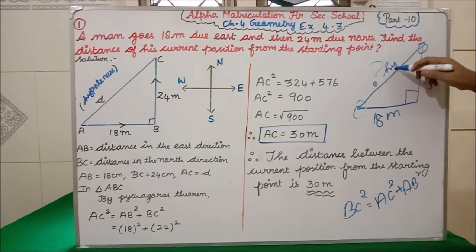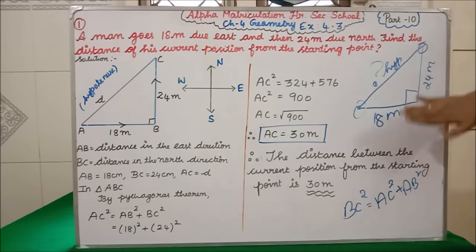We all know this is what? Hypotenuse. Hypotenuse side is the longest side when compared to the remaining two sides. Which is the longest side? Hypotenuse side is the longest side. Clear? Clear, students? Suppose you are already having in the question 18, here 24. So you have to get more than this 24 value only you have to get for hypotenuse.